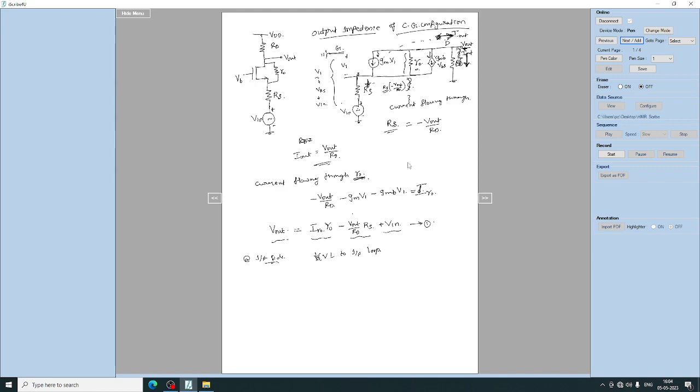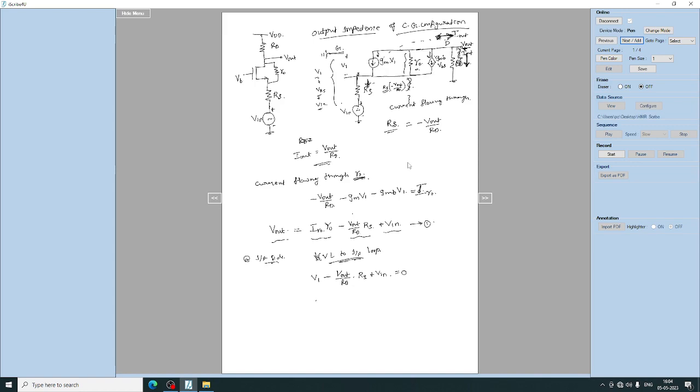These three voltages give the KVL for the input loop: V1 plus IRS, which is minus V out by RD into RS, plus V in, is equal to 0.